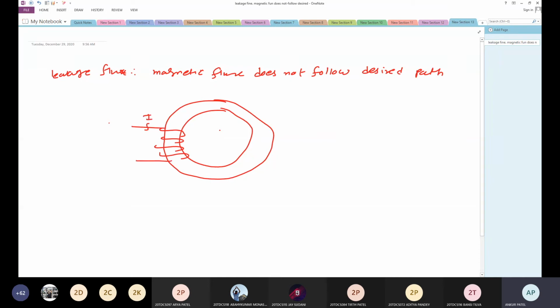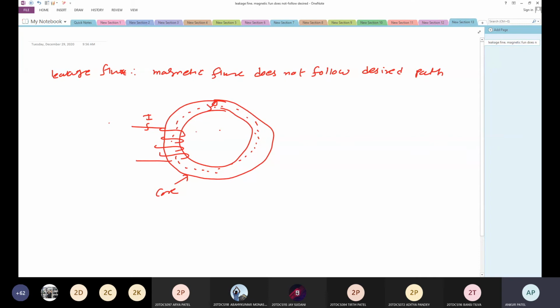This is my core. The number of turns are wound. This is my flux inside. This is a useful flux that follows the path.